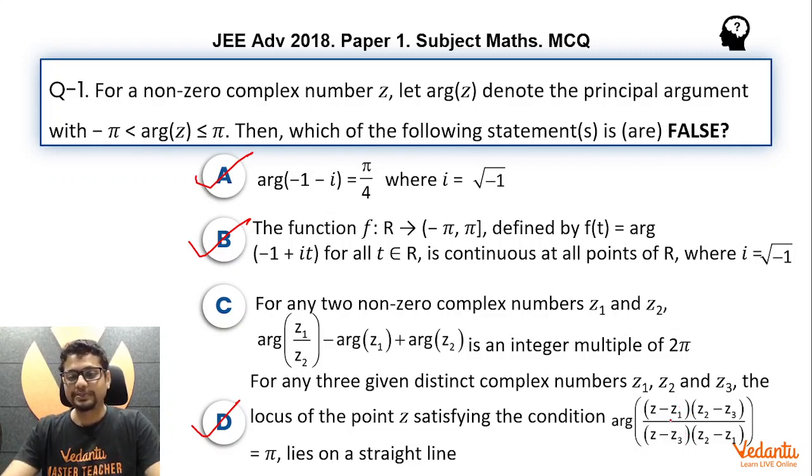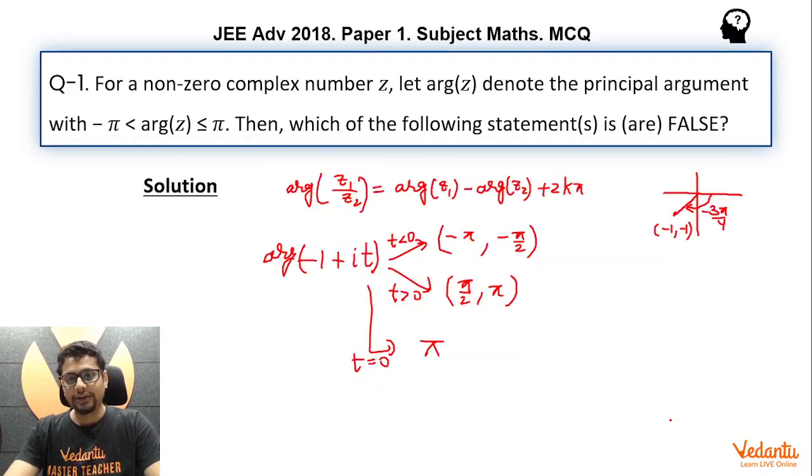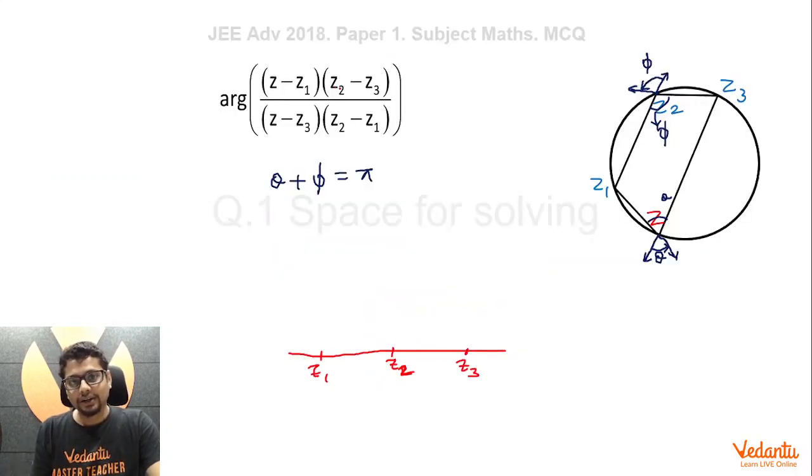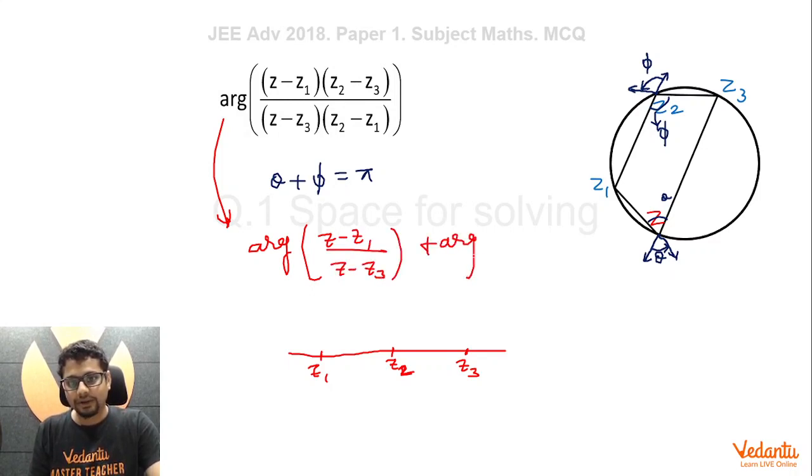Now to be more specific, let me just write this, since I have been referring to it again and again: argument of Z minus Z1 by Z minus Z3 plus argument of Z2 minus Z3 divided by Z2 minus Z1. And what we have been given is, this is supposed to be pi.